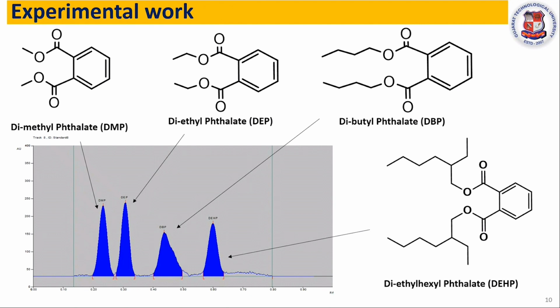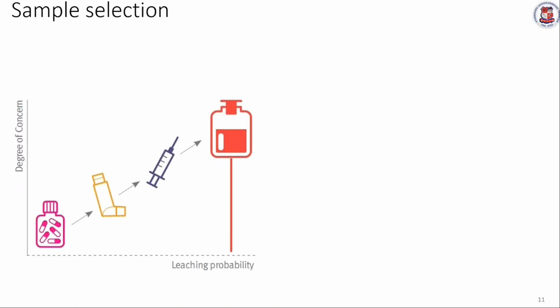We selected four phthalates, that is dimethyl, diethyl, dibutyl, and diethylhexyl phthalates, for our study, and we succeeded in separating all these four phthalates as standards. For the sample selection, we procured samples from the local market.